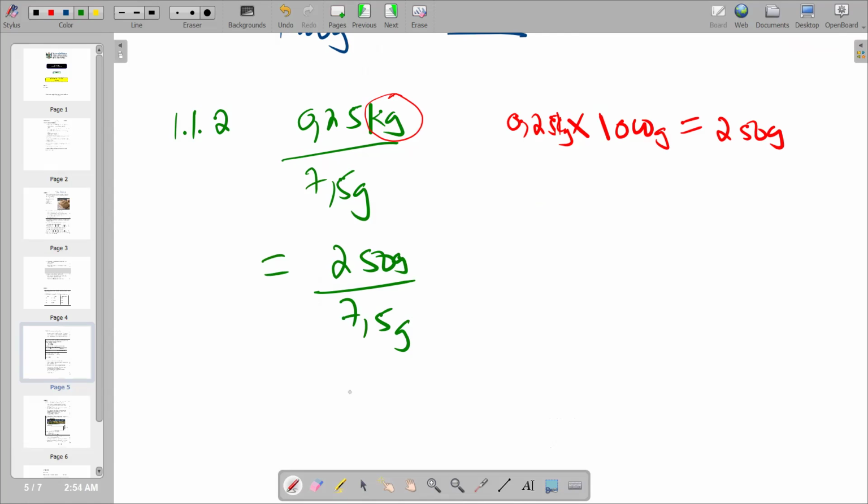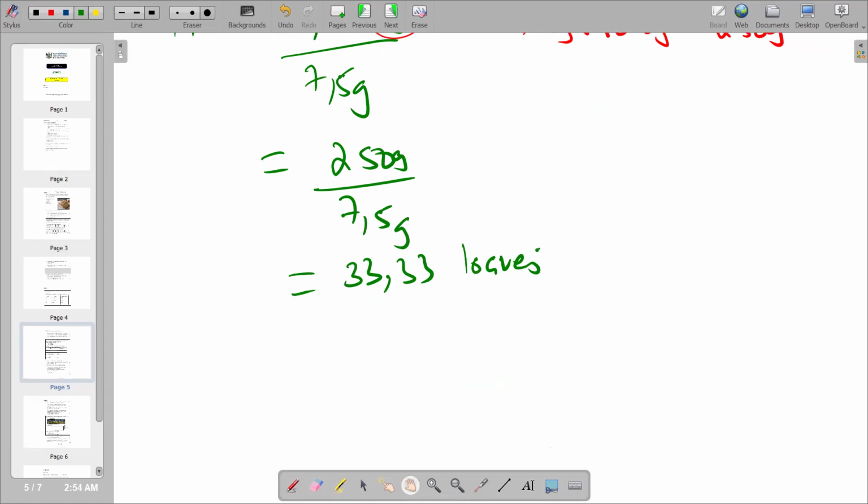If we simplify it further, 7.5 into 250, you are going to get your answer, which is 33.333. And this is going to be the number of loaves. We can round it up because there is a fraction there.